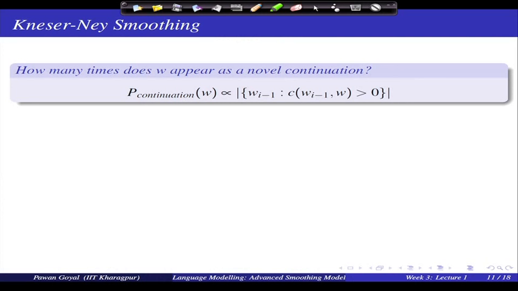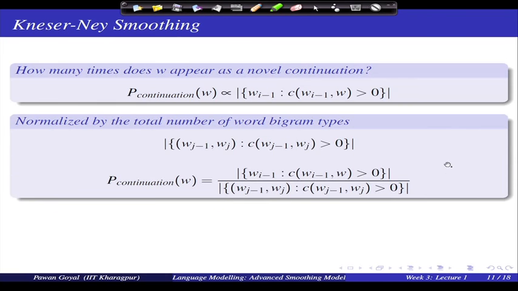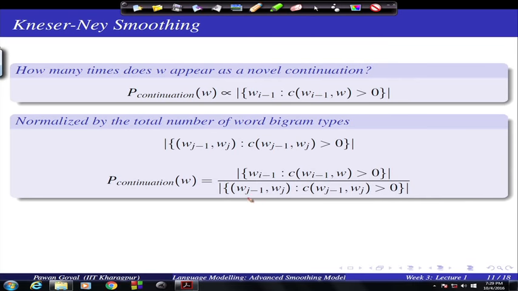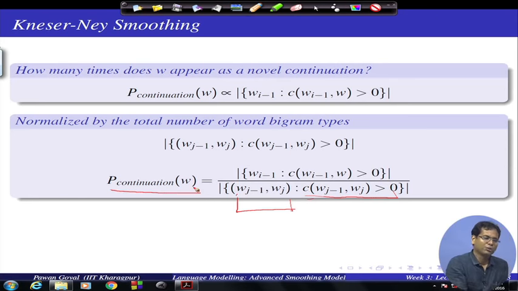So here also we are only taking types. I will normalize by all possible bigrams, those with count greater than 0, that is, how many bigram types I have seen in my training data. This gives me the continuation probability of the word w.